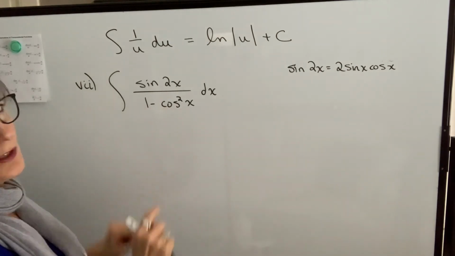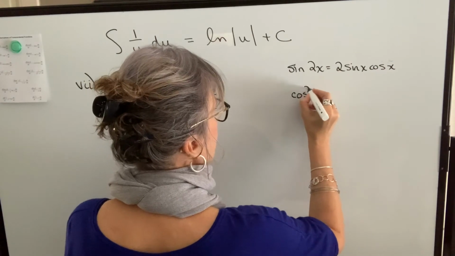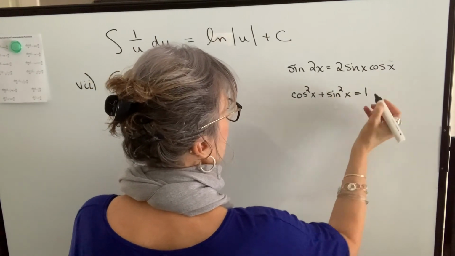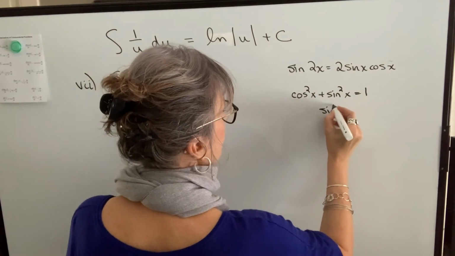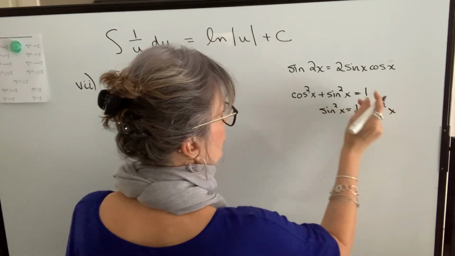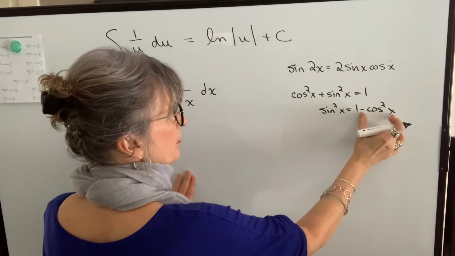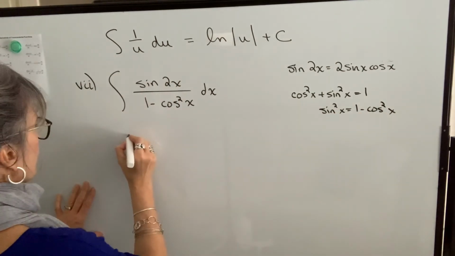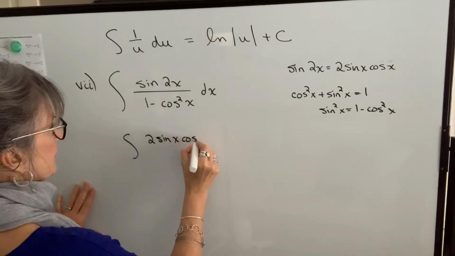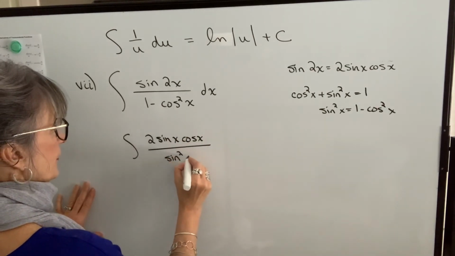In addition, your Pythagorean identities say that cos squared x plus sine squared x equals 1. So therefore, sine squared x will equal 1 minus cos squared x. So we're going to replace sine of 2x with this, and we're going to replace 1 minus cos squared x with this. So we're going to have 2 sine x cos x over sine squared x.